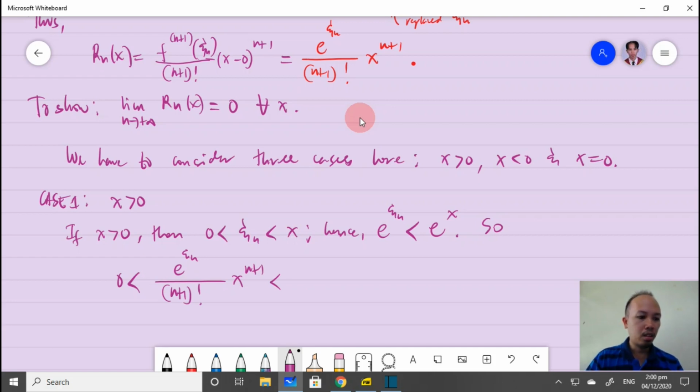But we can bound from this inequality: you can replace e to the psi sub n by e to the x, and what remains is x to the n plus 1 over n plus 1 factorial.